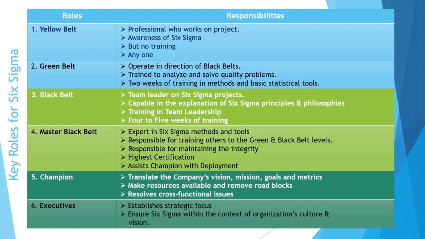Second level, the green belt, operates under the direction of black belts, trained to analyze and solve quality problems, with 2 weeks of training in methods and basic statistical tools. Then comes the third, the black belt. He will be the team leader, capable of explaining Six Sigma principles and procedures, with training in team leadership. He will get approximately 4 to 5 weeks of training.